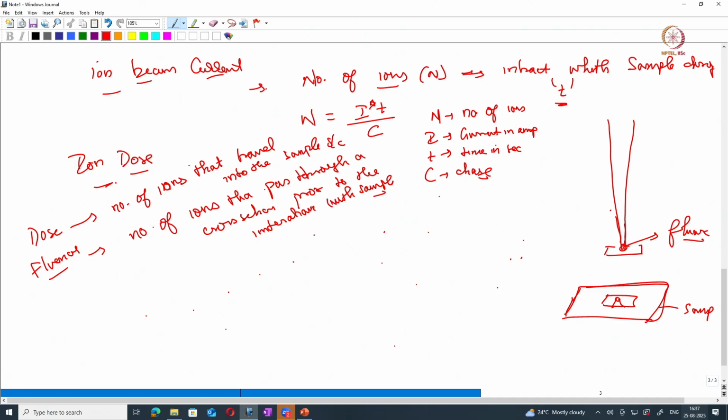Okay, so the dose is given by n divided by a. Here n is the number of ions, a is the area in centimeter square.